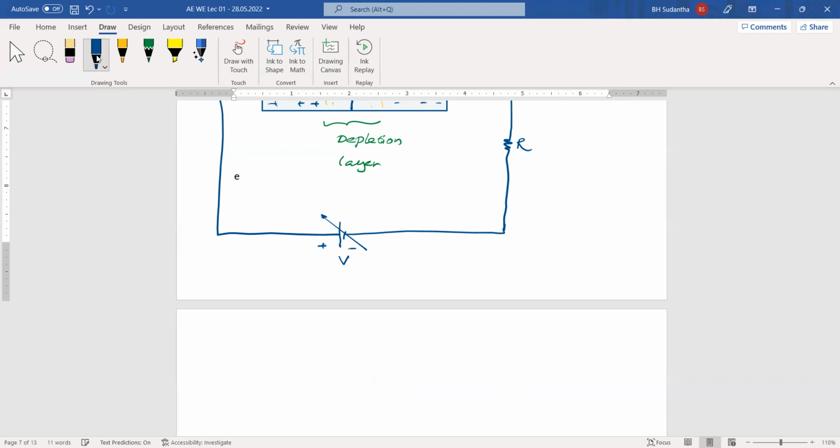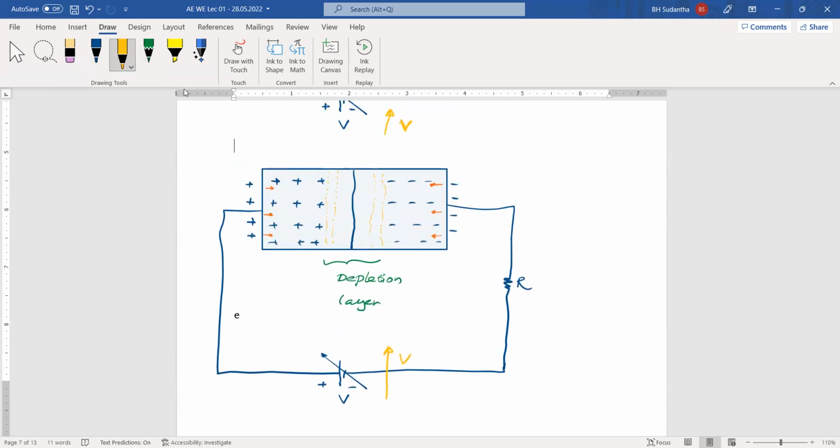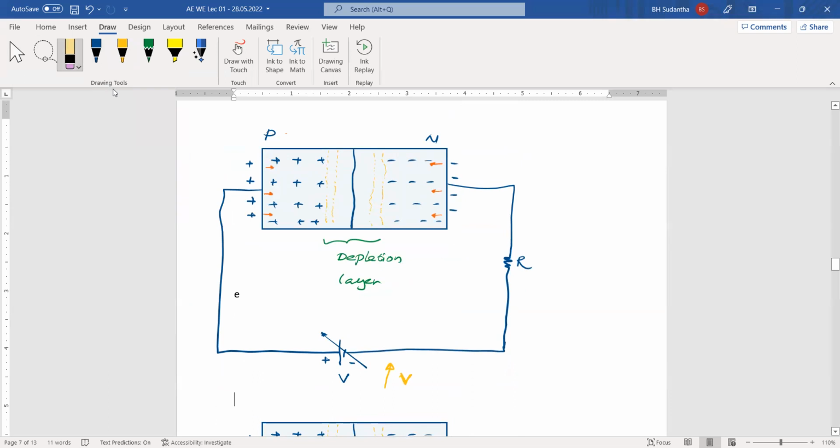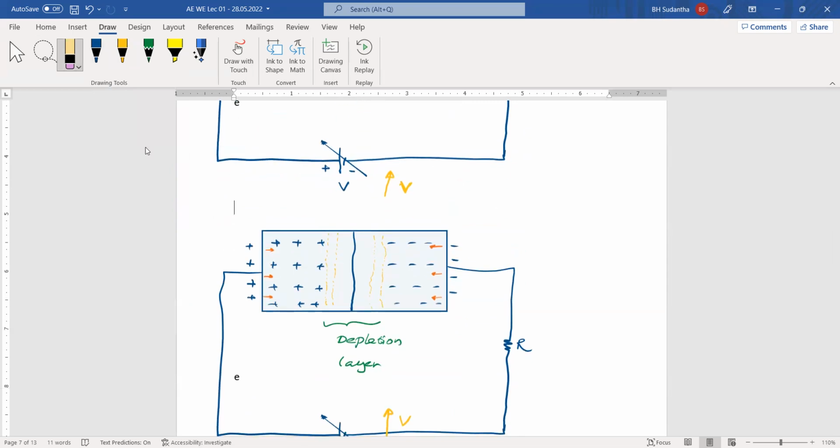This is positive, negative, and we have increased this voltage more. Because of that, more positive charges have been collected. As a result, compared to the previous case, the width of this depletion layer has been decreased. Here we can assume that this depletion layer is almost gone, and there is no barrier, and the layer width may be 0, and these charges come here, and because of that, they can cross the barrier, they can cross the border, and they can go to the other side. Okay.